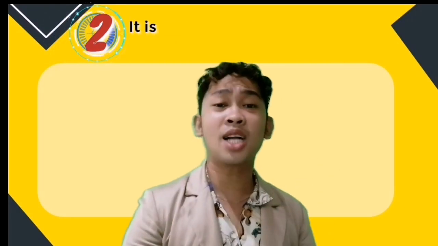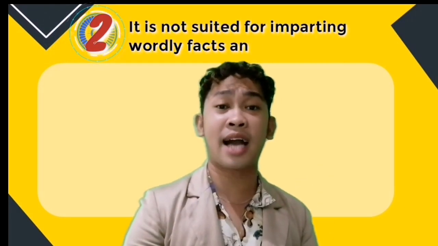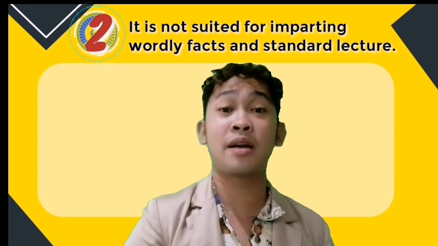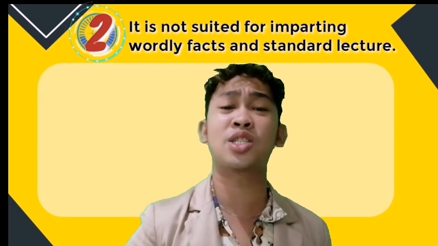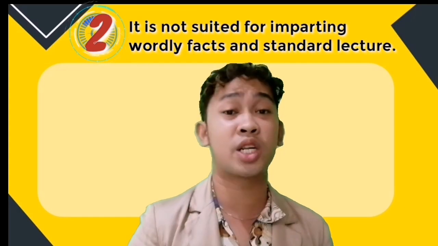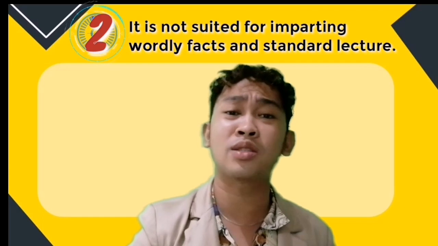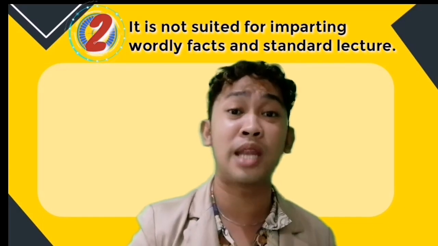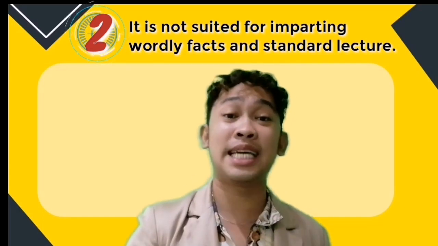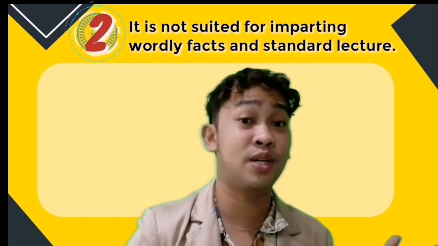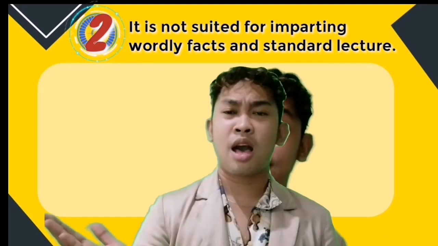Second, it is not suited for imparting worldly facts and standard lecture. The most classic form of Socratic method uses creative questions to take apart or ignore current ideas. This allows the students to think about important concepts in a new light. This method is ideal for questions of a philosophical nature like what is beauty or what is life.